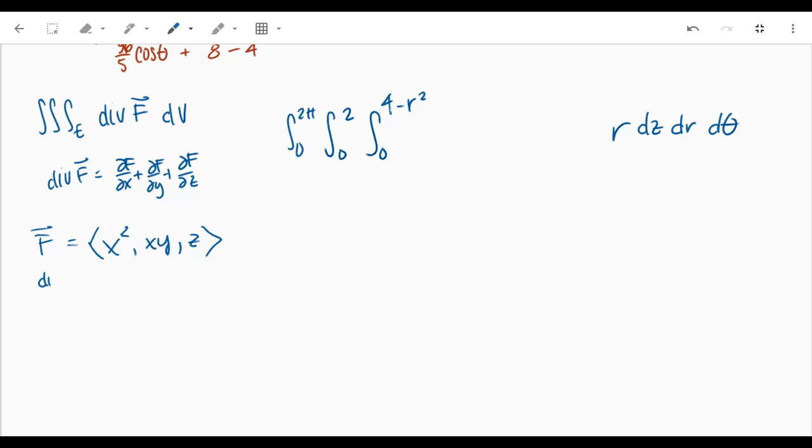So your divergence of F would be 2x plus x plus 1, so 3x plus 1, which is 3r cosine theta plus 1. Okay, so we've got 3r cosine theta plus 1.